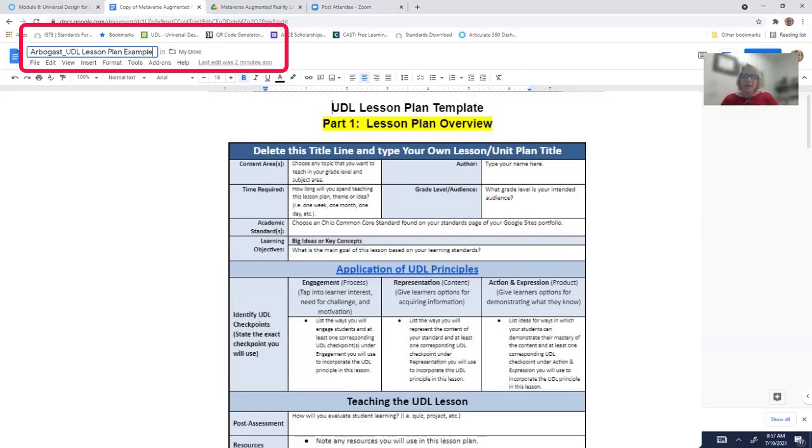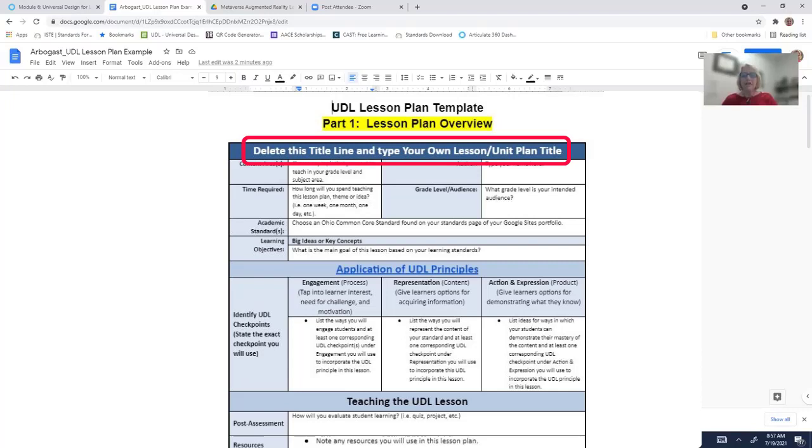So now we get into the meat of the lesson plan, and this is the informational section. The informational section, you're always going to fill in the white parts of the lesson plan, with one exception. This up here says delete this title line and type your own lesson plan, unit plan, title.